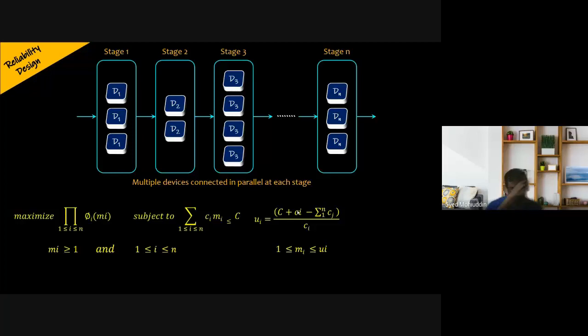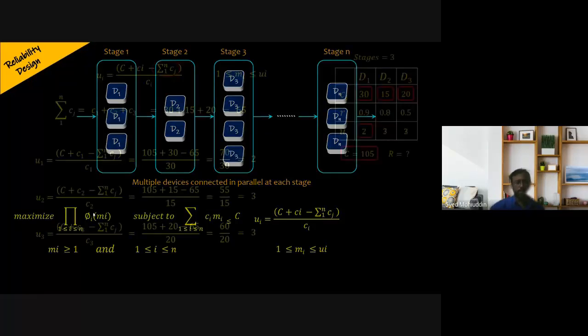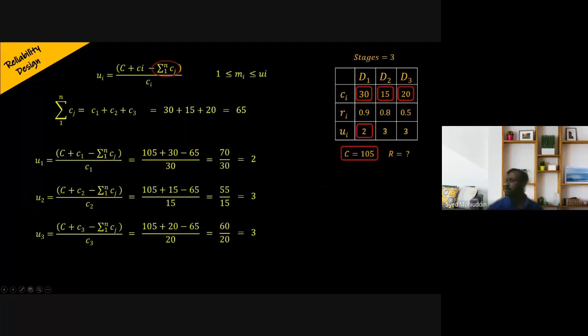These equations are similar to a knapsack problem, where in knapsack we maximize the total profit, and that total profit was the profit of each item multiplied by its weight, whichever is included. The same way here also we have these equations. Let us take an example and then find the reliability.